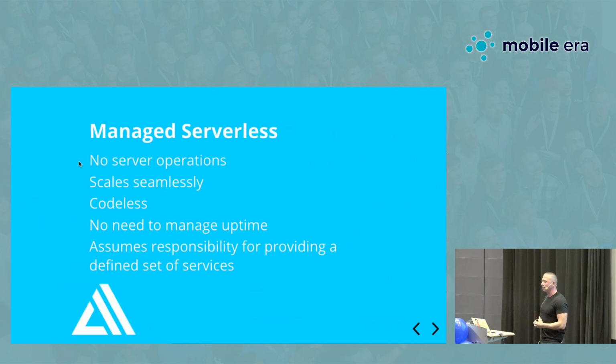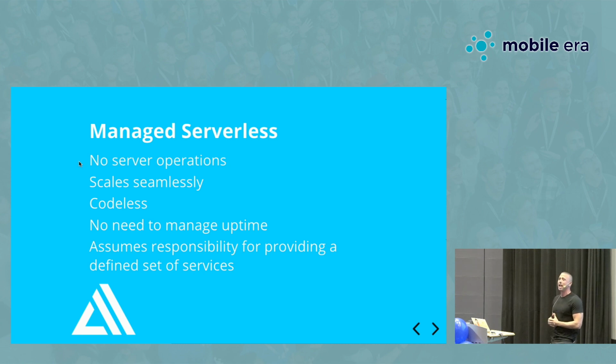So what does managed serverless mean? No server operations. You don't have to deal with your server at all. It's there, it's up, and it works. If it doesn't, it's on your provider, be it AWS or Microsoft or whoever. It scales seamlessly. You don't have to deal with a million users coming online and crashing your server. Everything works. Codeless, that means the managed services you're using manage the backend code for you.